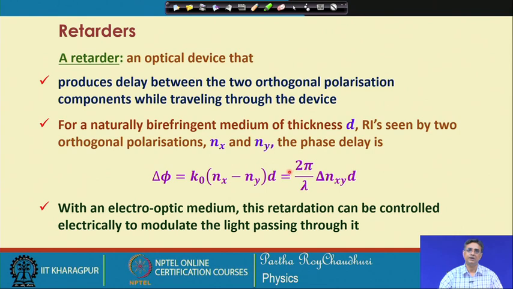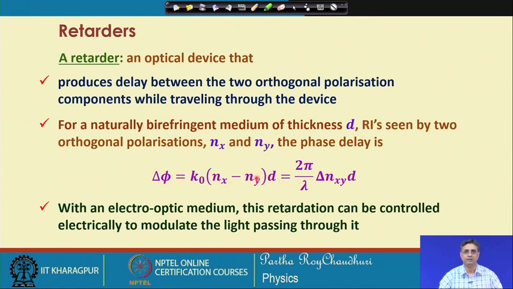Then we can calculate the delay between the two polarized waves, and we will place the polarizer in such a way that both the polarizations corresponding to the refractive indices n x and n y will be excited, and if they are excited in equal amounts, and the delay is such that there is a pi by 2 phase delay, in that case it will be circularly polarized light.